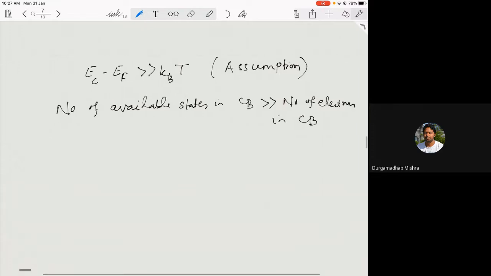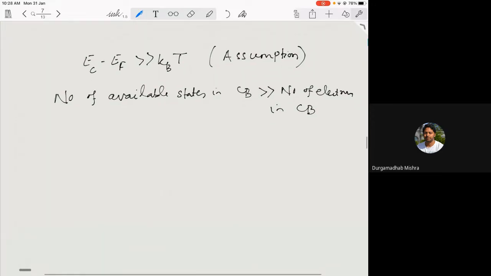That leads to the electrons following not a Fermi-Dirac distribution but a classical Maxwell-Boltzmann distribution, and in that case f of E will be proportional to e to the power minus (E minus EF) by kBT.